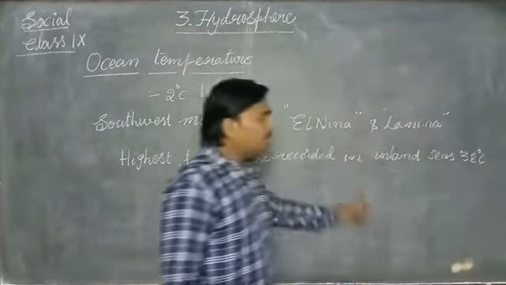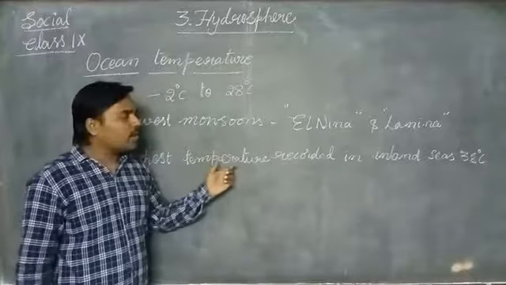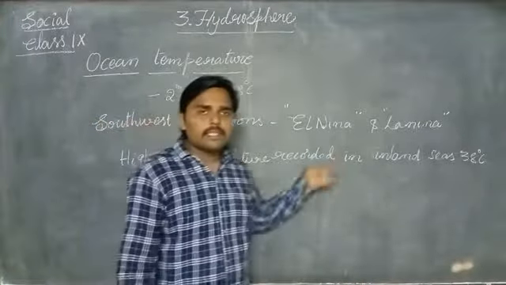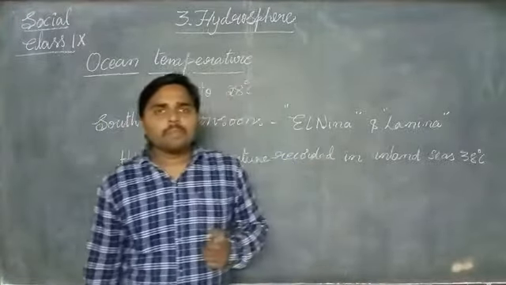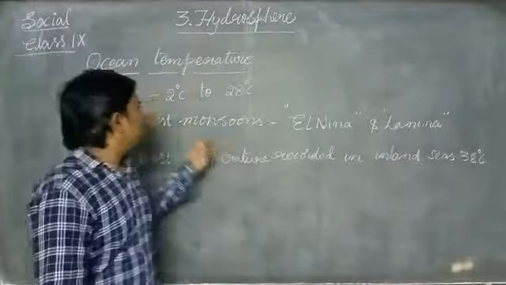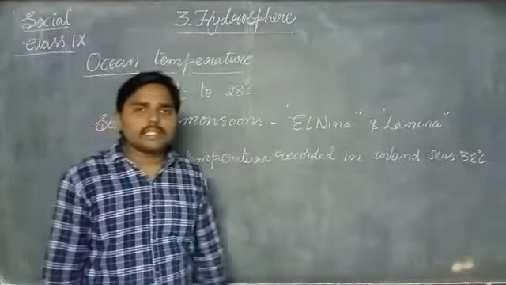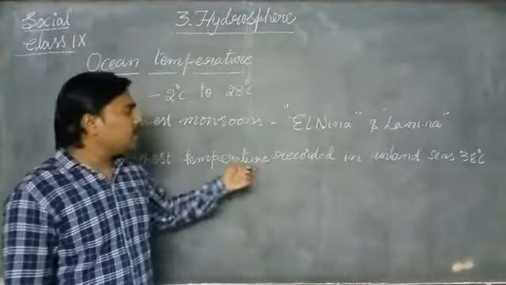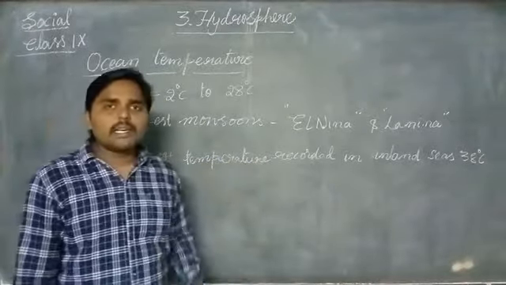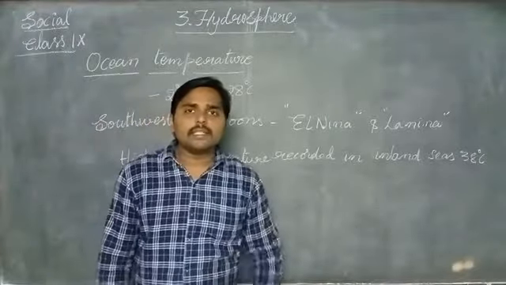Till now, the highest temperature that was recorded in the inland seas is 38 degrees Celsius only. Generally the temperature of oceans varies from -2 degrees to 28 degrees Celsius, and the highest temperature recorded in the inland seas is 38 degrees Celsius.